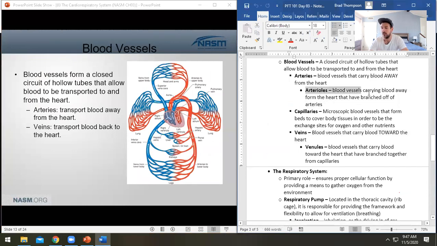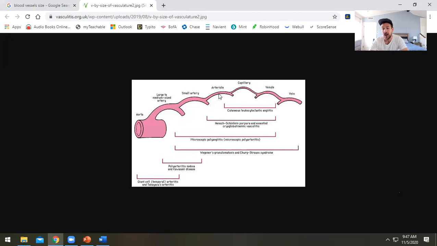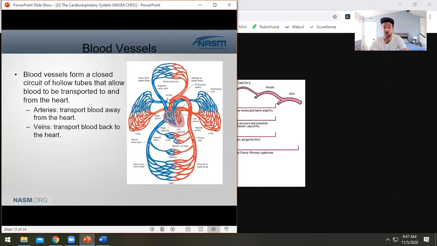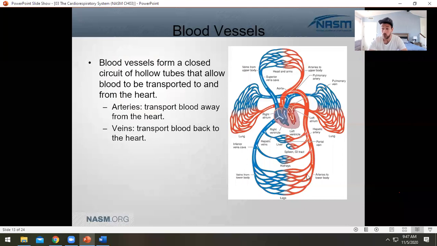So arterioles are blood vessels carrying blood away from the heart that have branched off of your arteries, and they're much, much smaller. And then eventually they become microscopic. They become capillaries, which are super tiny. Capillaries are really, really, really small. In fact, here's a weird fact about capillaries. Sometimes the vessel is actually smaller than a red blood cell.